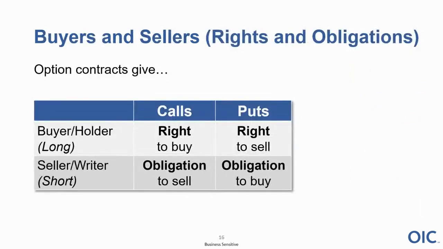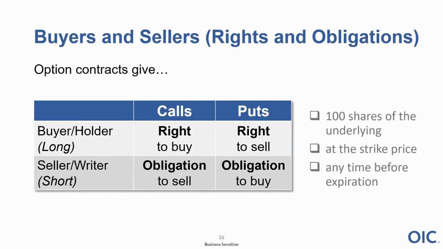Here's a quick way to summarize the rights and obligations of buyers and sellers. If we're talking about calls, the buyer, or the holder, another term for buyer, has the right to buy stock at the strike price anytime before expiration.